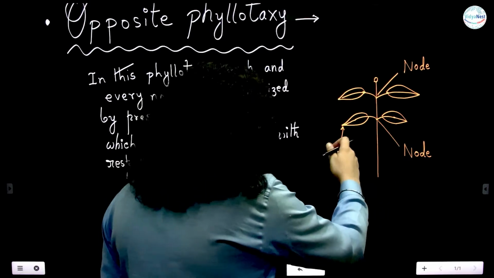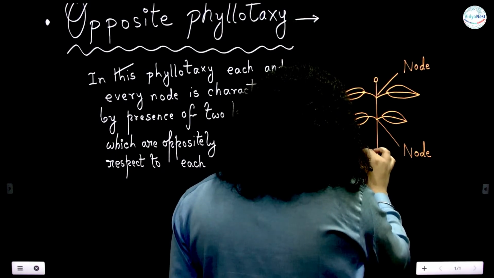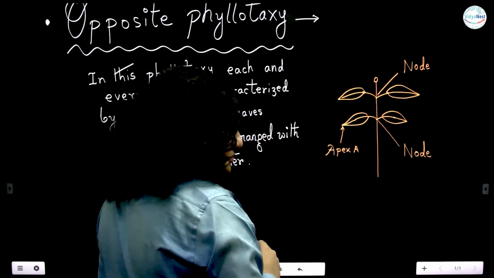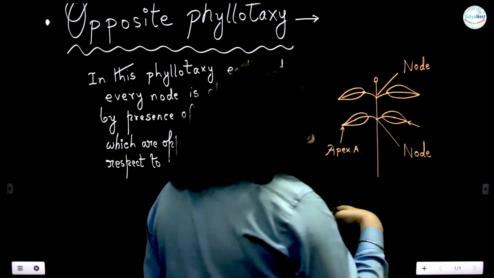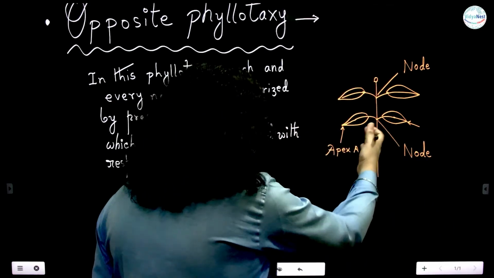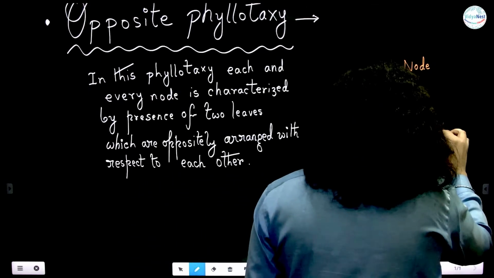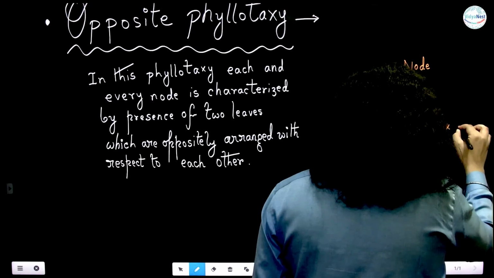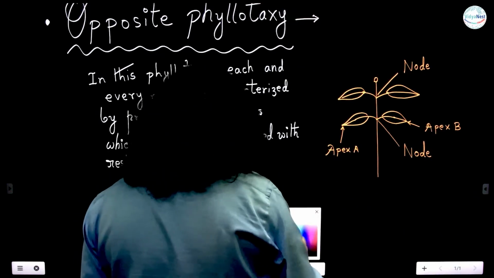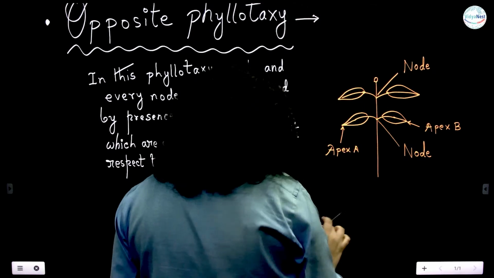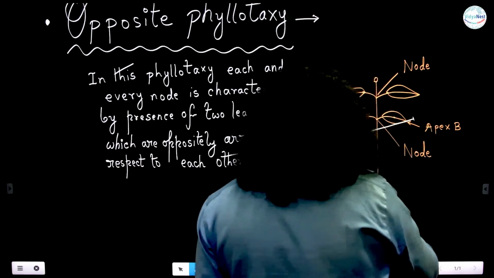So this apex, if I write this as A, is the apex of leaf A, and you see the apex of leaf B. Say for example, we are taking these two leaves as A and B. This is the apex of leaf B. So you can easily understand that these two leaves are arranged just opposite to one another in this way.